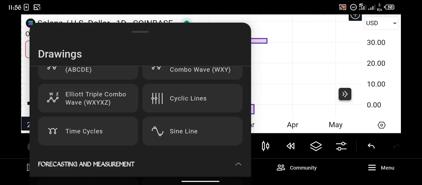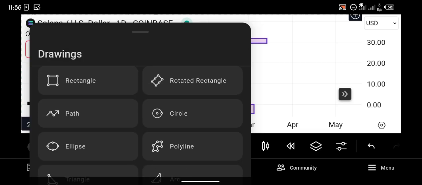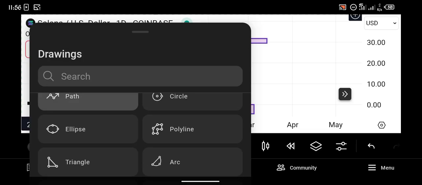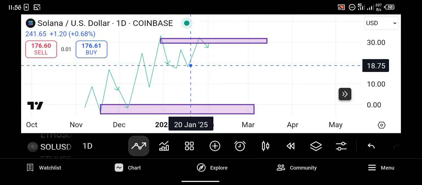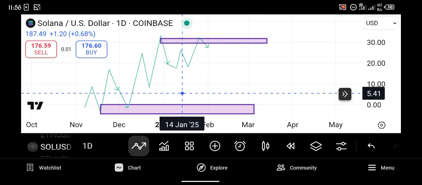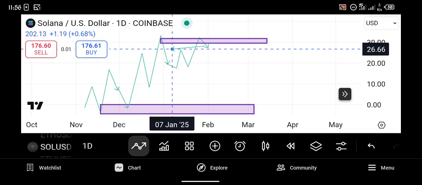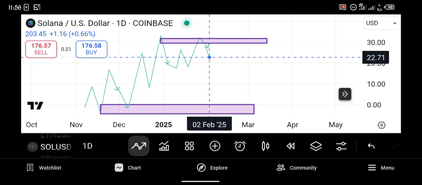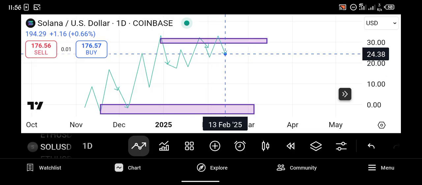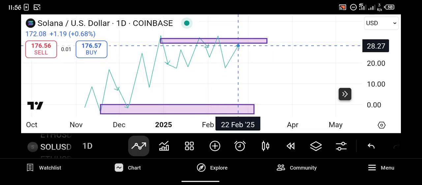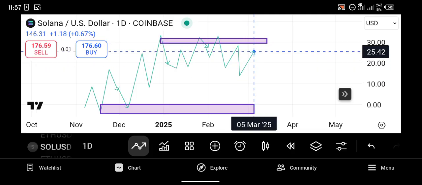Sorry for all this wasting of time. So whenever it comes back into this zone here, after this change of character, you can see something like this, then before you start to sell again.